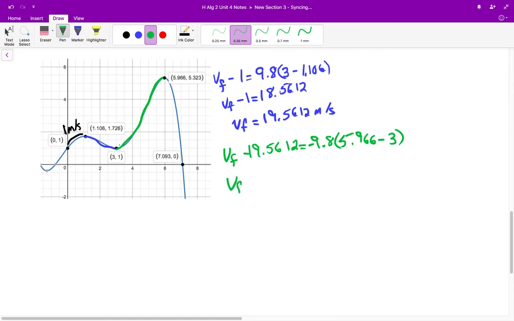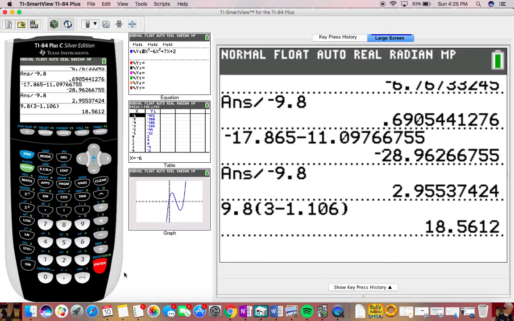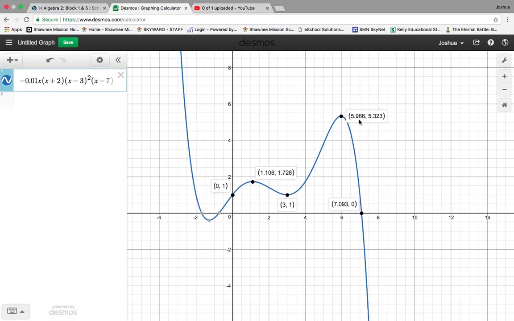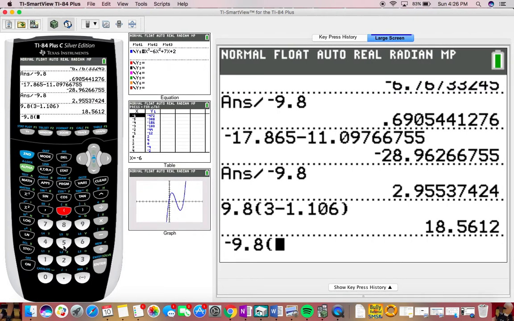So our final velocity minus 19.5612 is equal to, this is where we'll put that in our calculator, negative 9.8 multiplied by, in parentheses, 5.966 minus 3.